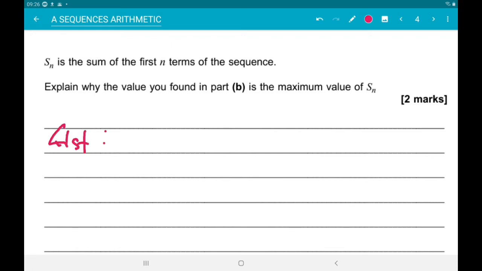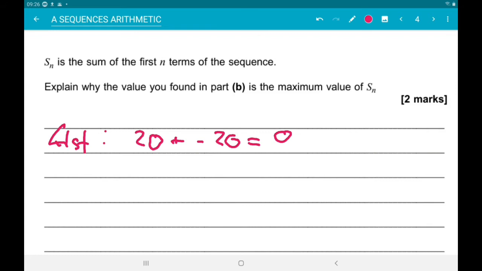So that's 20 plus n minus 1 times minus 1/2. So that's 40 times minus 1/2, so that's minus 20. So that is 0. So the 42nd term would be minus 1/2.